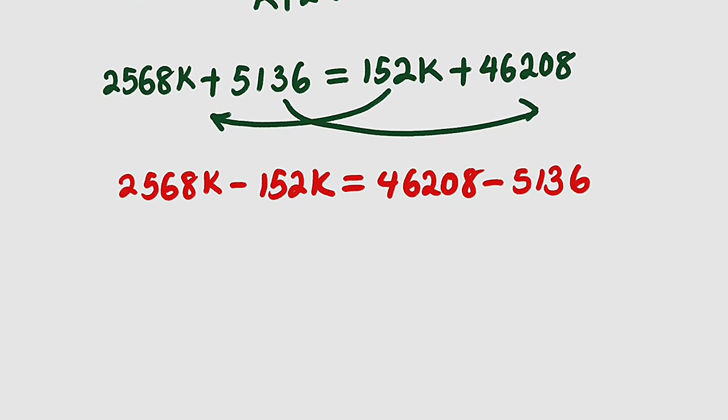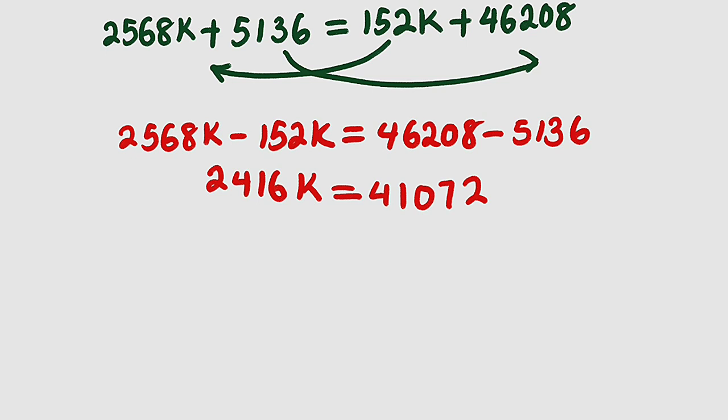Let's subtract. 2,568 minus 152 is equal to 2,416k. This is equal to 46,208 minus 5,136, which is 41,072.